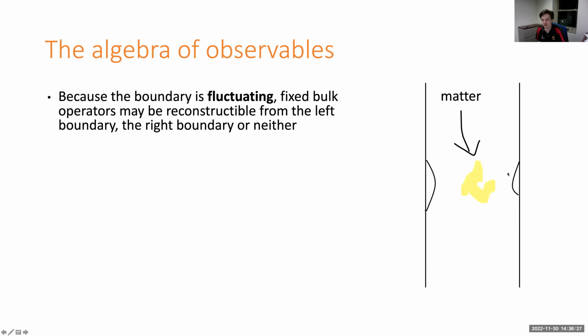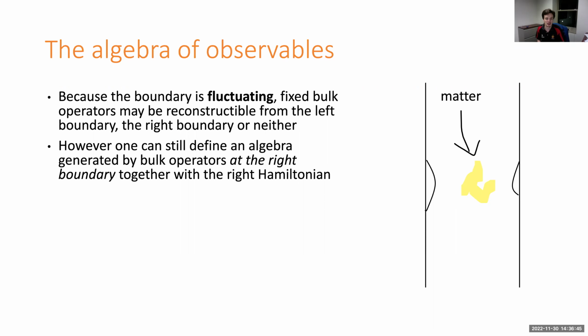Now we don't have anything like that. At some point here, depending on the state of the boundaries, it could be visible from the left, it could be visible from the right, anything could happen. It could be visible from neither, naively. So we don't have some fixed bulk region that we start with, but we can still define a boundary algebra in the following way.